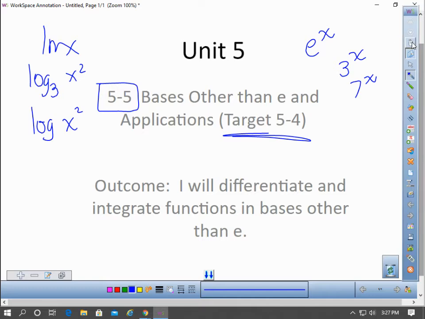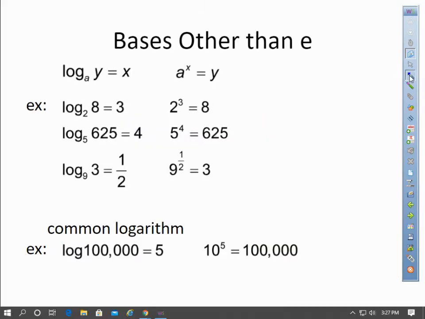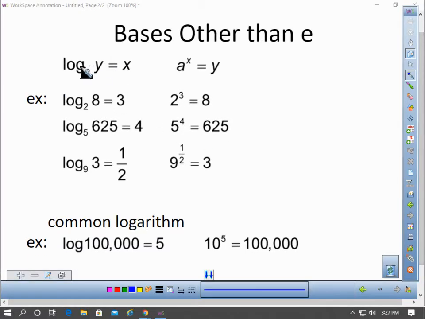Okay? So let's talk about bases other than e, just reviewing what logarithms really are. So remember, a log with the little subscript is what base you're in. You're finding the log of y in base a, and the answer is x. And remember, the answer is always an exponent, because logarithms are exponents.